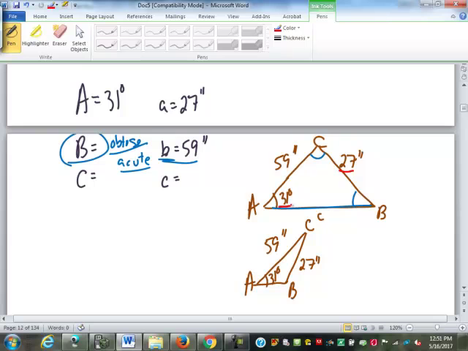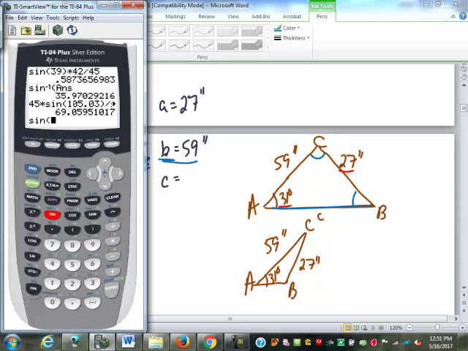If I do 27 over the sine of 31 equals 59 over the sine of B. We're looking for an angle. We're going to cross multiply and divide here. Sine of 31 times 59 divided by 27. We get 1.125.